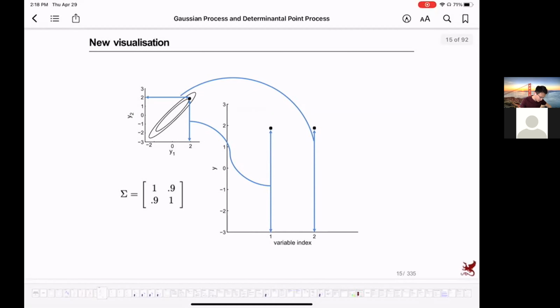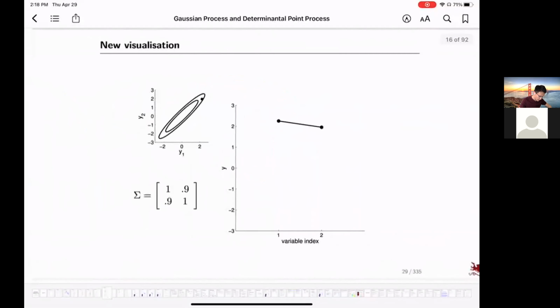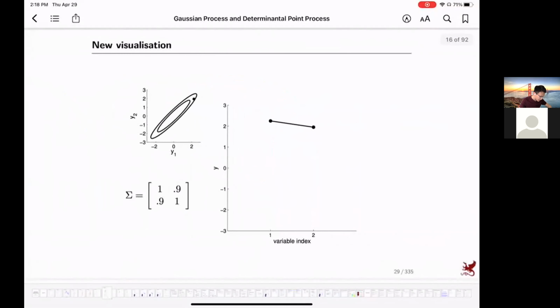And then for each dimension, I just list it out, use the dimension index as the axis, but draw the values on the y-axis. Well, I can draw a slightly different point. In this case, I moved a little bit towards this direction and this direction.